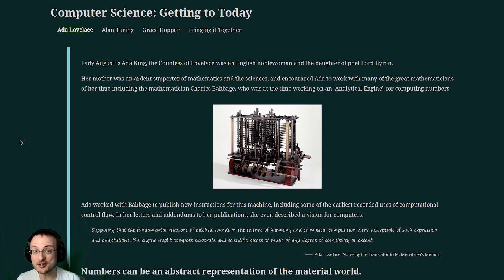In particular, she worked very closely with the mathematician Charles Babbage. He developed the analytical engine, actually originally the difference engine, which was a big complicated machine for doing computations, simple mathematical calculations, at least by our modern standards.